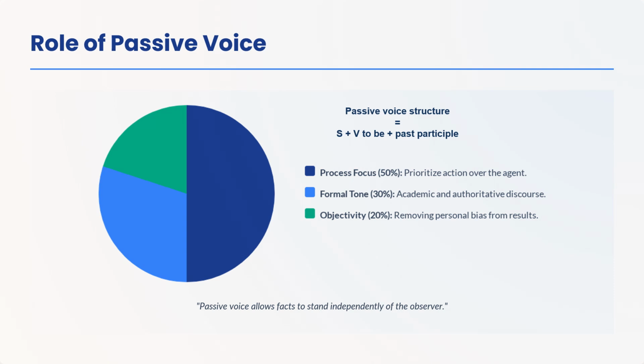So, speaking about the passive voice role, it can be used for process focus, that is to say, it prioritizes the action over who did it, it keeps a formal tone, and it keeps our language objective, not subjective. Passive voice allows facts to stand independently of the observer.